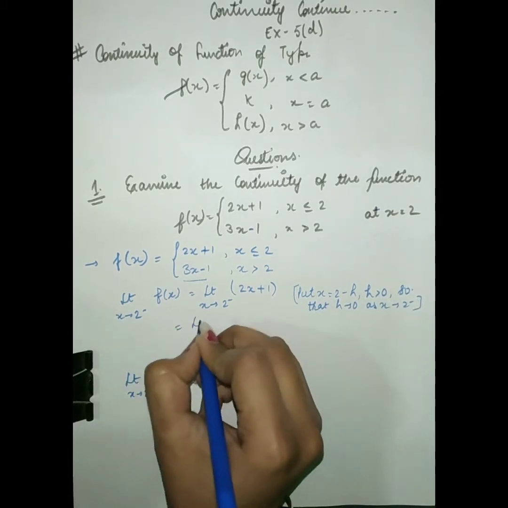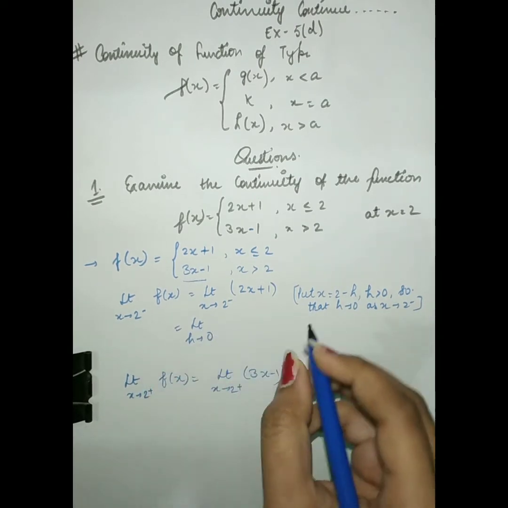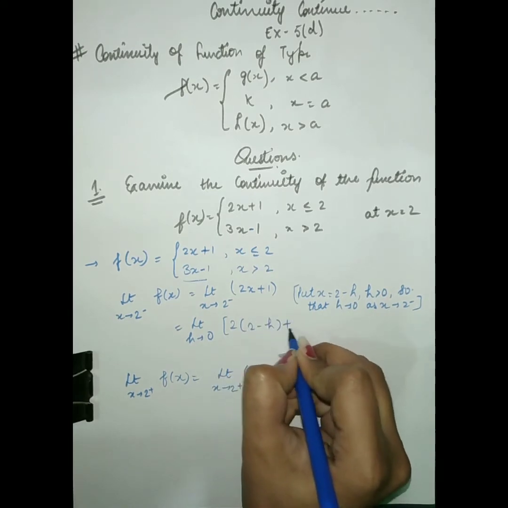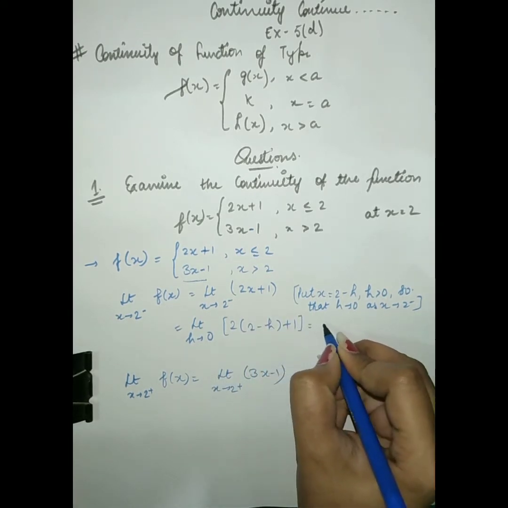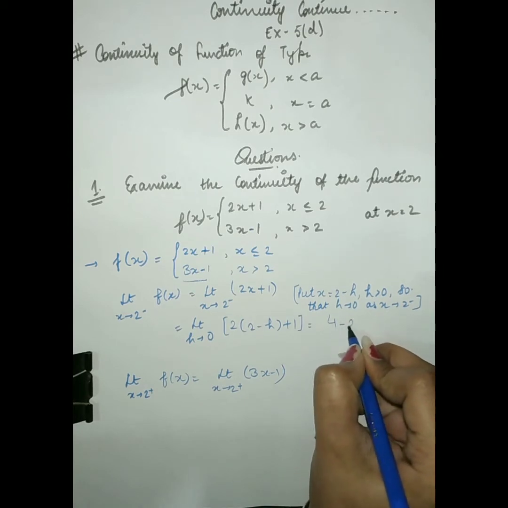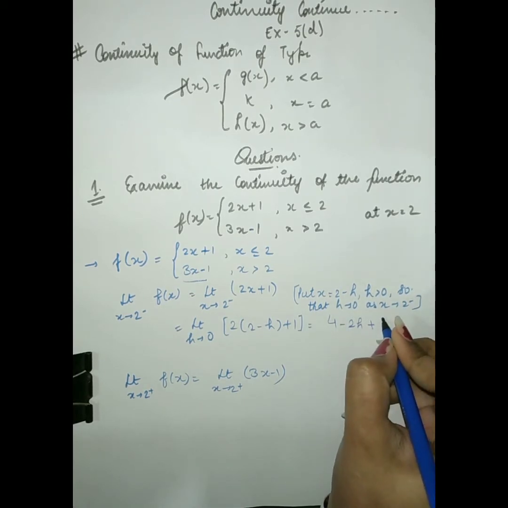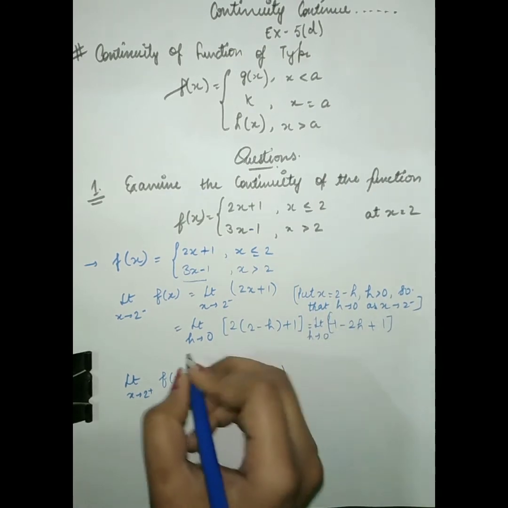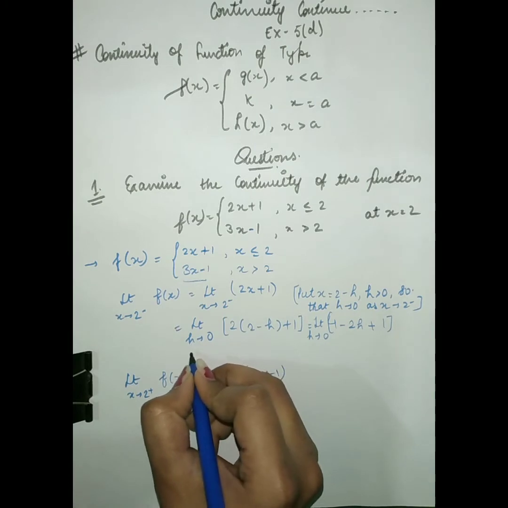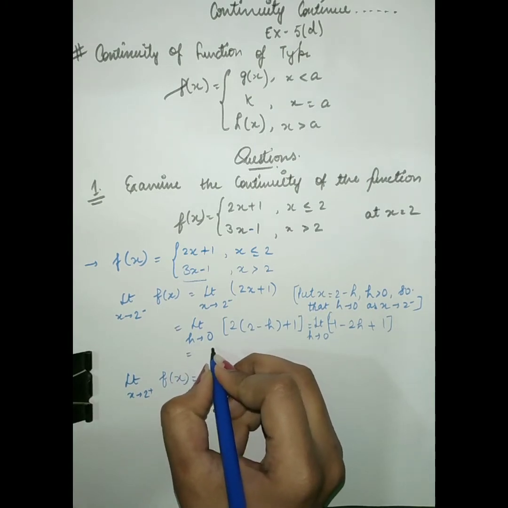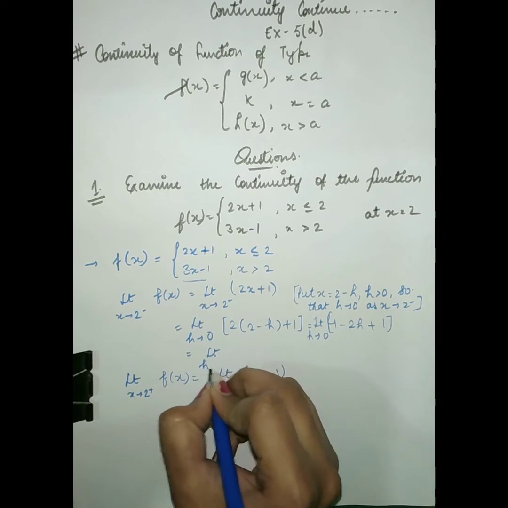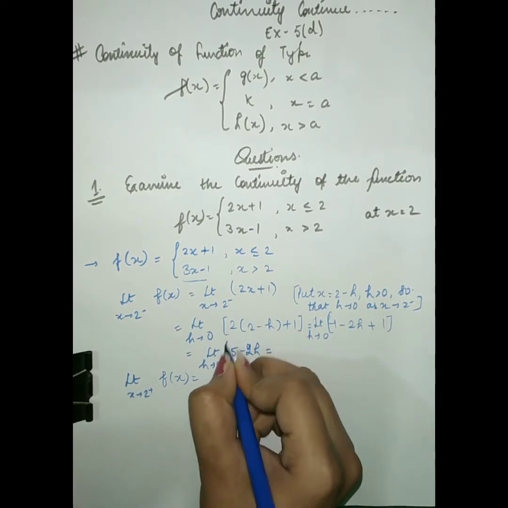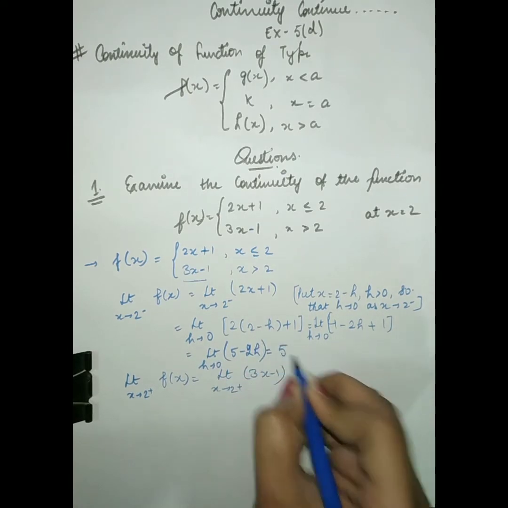Then we get limit h approaches 0 of 2(2 minus h) plus 1, which becomes 4 minus 2h plus 1, so limit h approaches 0 of 5 minus 2h. Now we put h equals 0, then we get 5.